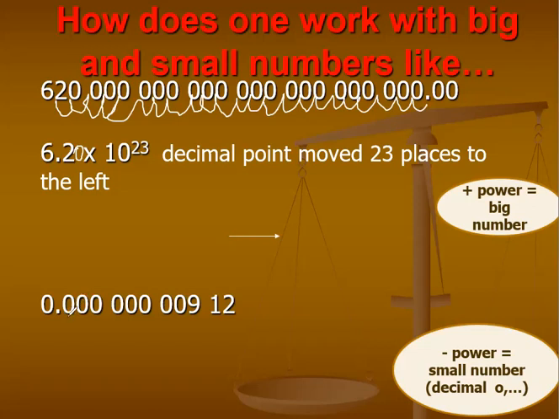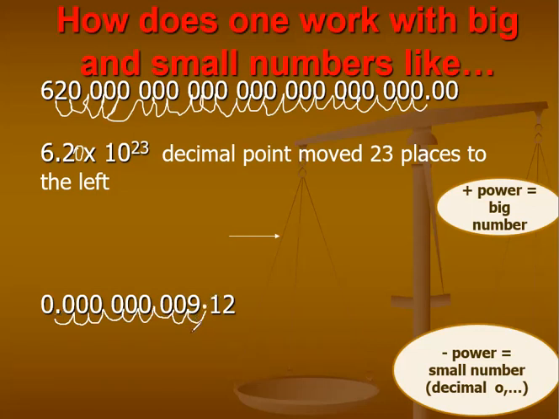You want to have a non-zero digit on your left. So you will shift the decimal like 1, 2, 3, 4, 5, 6, 7, 8, 9. Once you get in front of the first non-zero digit, then you will put your decimal point.